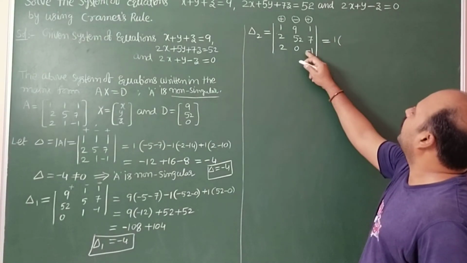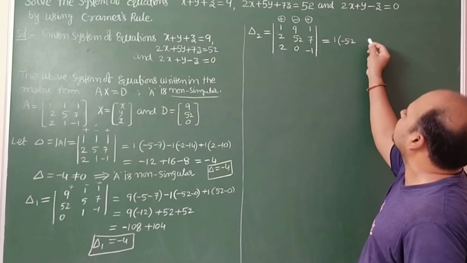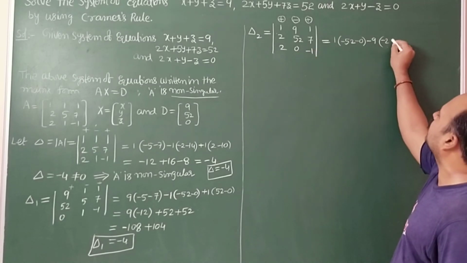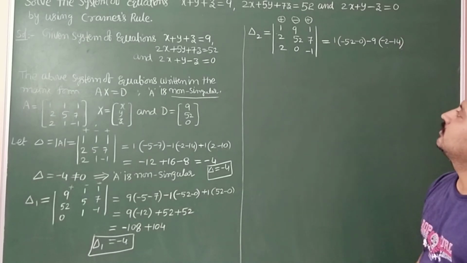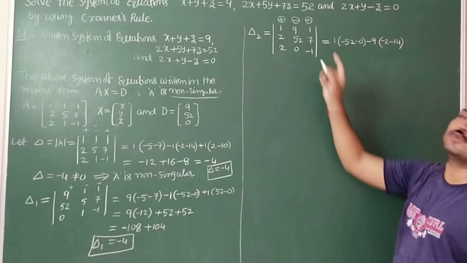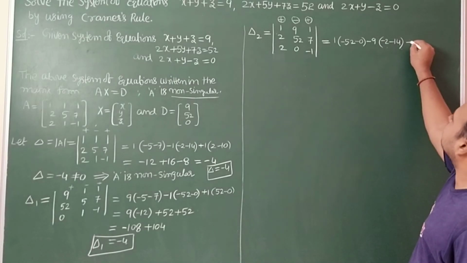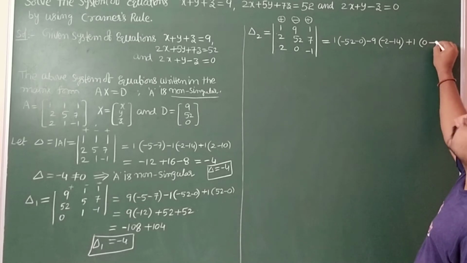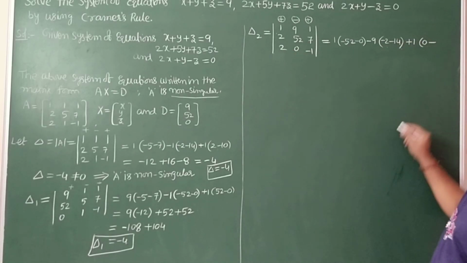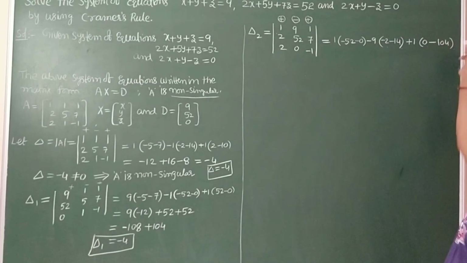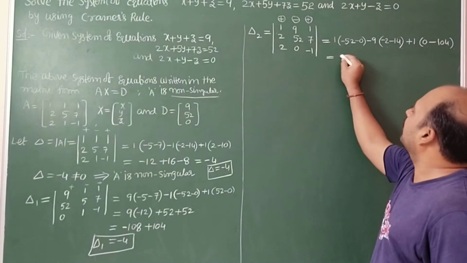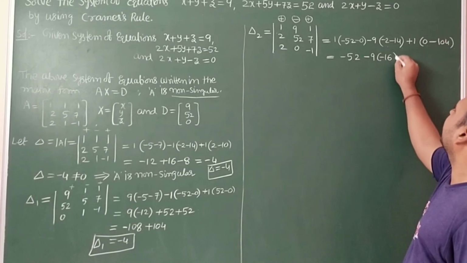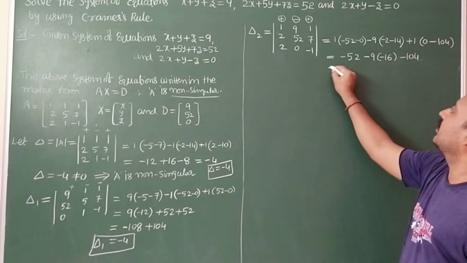So 1 into 52 minus 52 minus 0, minus 9 into minus 2 minus 14, plus 1 into 0 minus 52 into 2, so 104. Which is equal to minus 52 minus 9 into minus 16, minus 104.